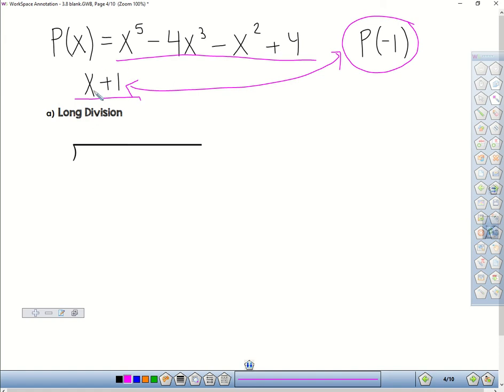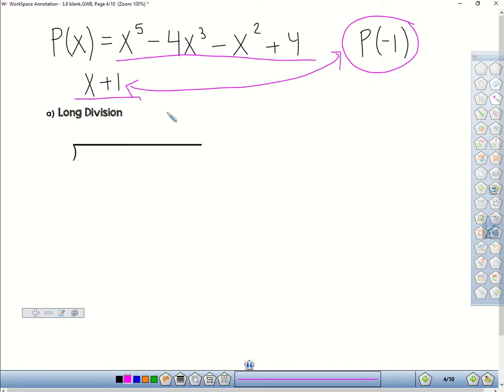So the rule is your p value is always whatever this is, but the opposite sign. If your divisor is x plus 1, your p value is going to be p of negative 1. If your factor is x plus 2, your p value is negative 2. If your divisor is x minus 2, your p value is positive 2. So that's the relationship between these two.